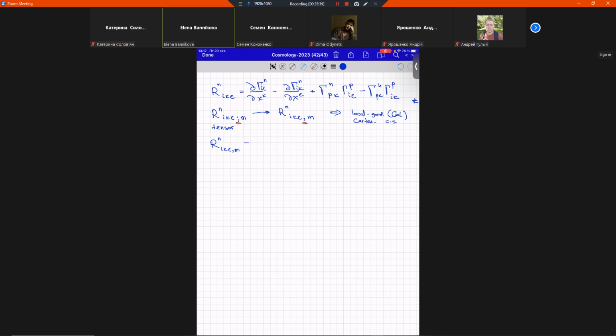We need to be careful with this. And now I exactly want to write, first, let's consider what will be the normal derivative of the curvature tensor. We just need to take a normal derivative of each term.